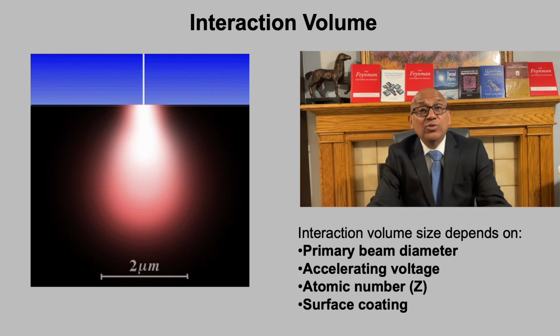Finally, surface coatings, such as a thin conductive layer used to prevent charging, also influence where signals are generated. Although coatings are typically very thin, they can modify secondary electron emission and affect surface sensitivity. Together, these factors determine how large the signal generating region is and therefore how much spatial resolution can be resolved in an SEM image.